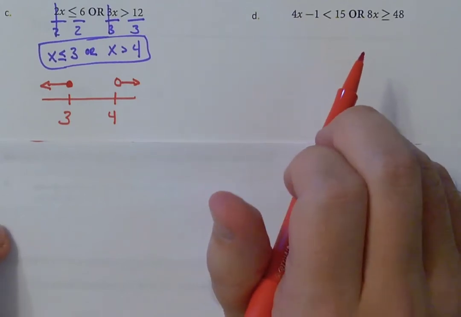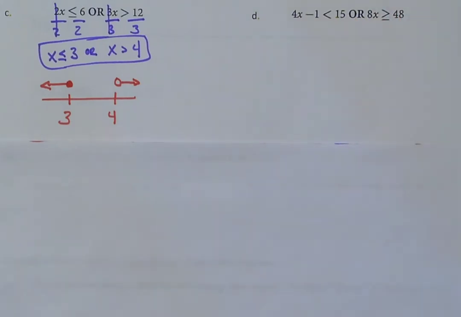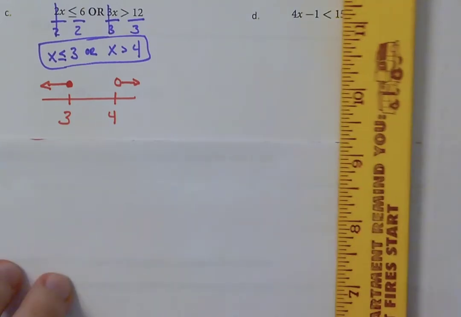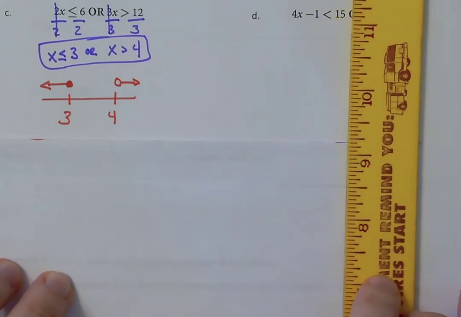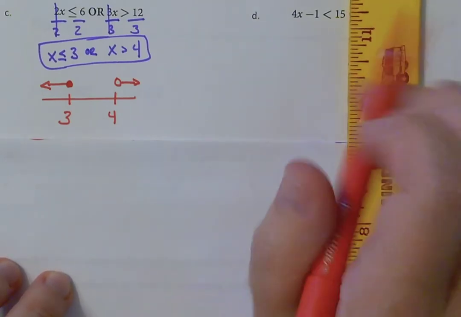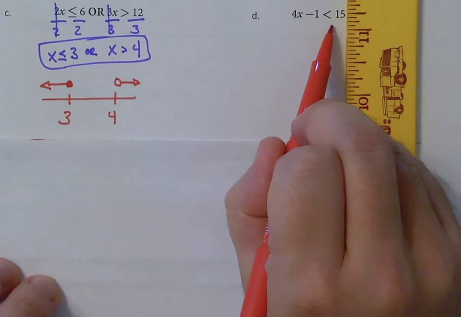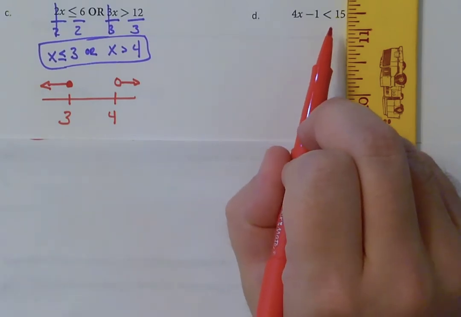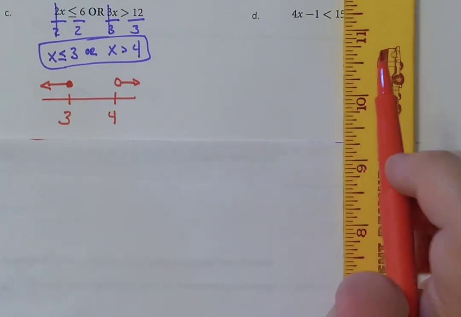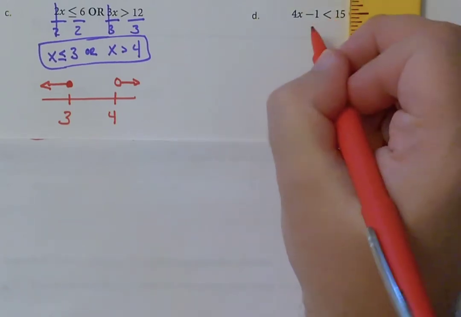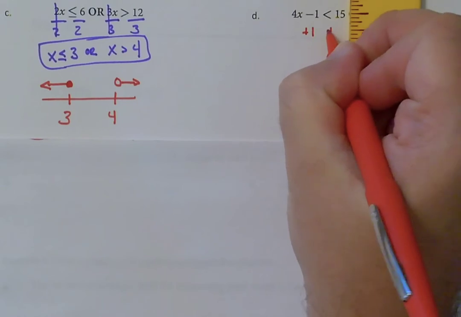So let's go ahead and solve this. Again, we're going to cover up the right side, and we're just going to solve the left side first. So we have 4x minus 1 is less than 15. So I need to solve for x. 4x minus 1, that means I need to add 1 to both sides first.